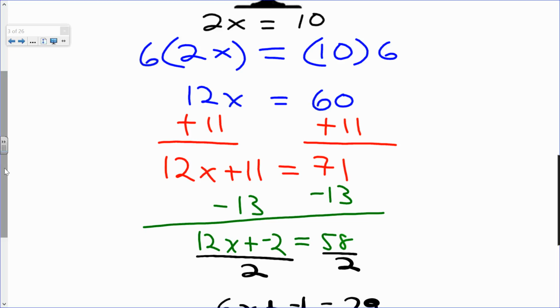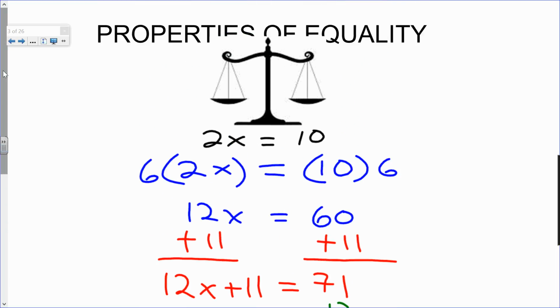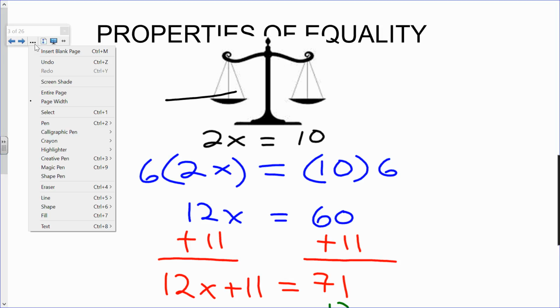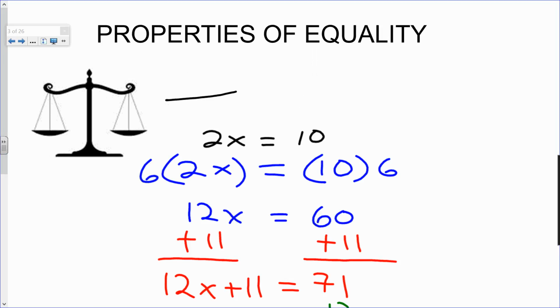Yeah. So characteristics and properties mean the same thing. So the title of your notes, check this out, is properties of equality. Okay? Properties of equality, which I mean characteristics of equality. Now, on your notes, go write Example 1.